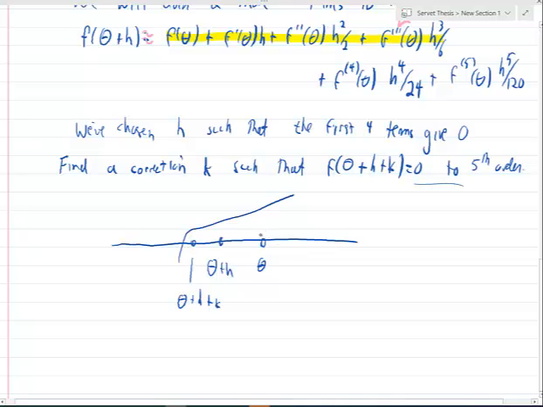So what I'm going to do is a third order Taylor approximation, but not at theta. I'm going to do the approximation at theta plus h. Not at theta.